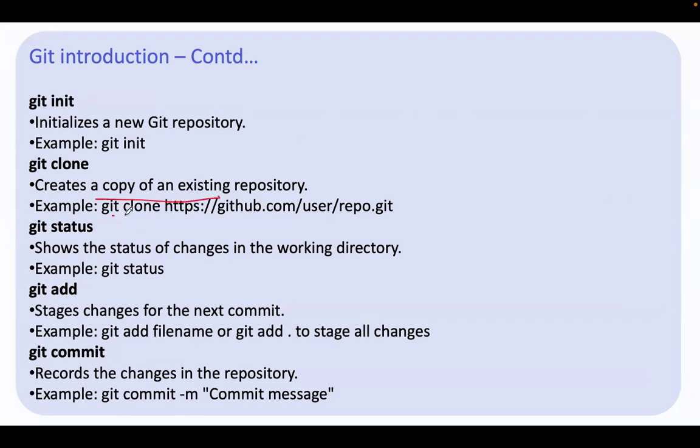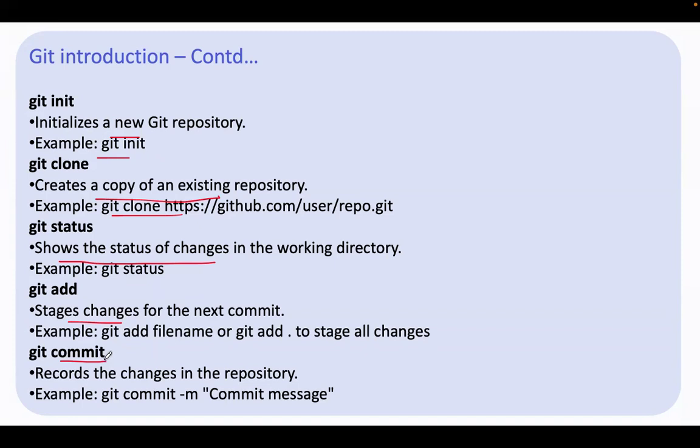Basically, it downloads all the repository information to your local machine. Git init initializes a new repository. Git status will show you the changes that have been done on your local system, local repository. Git add stages your commit. Git commit creates a commit message and a commit ID.